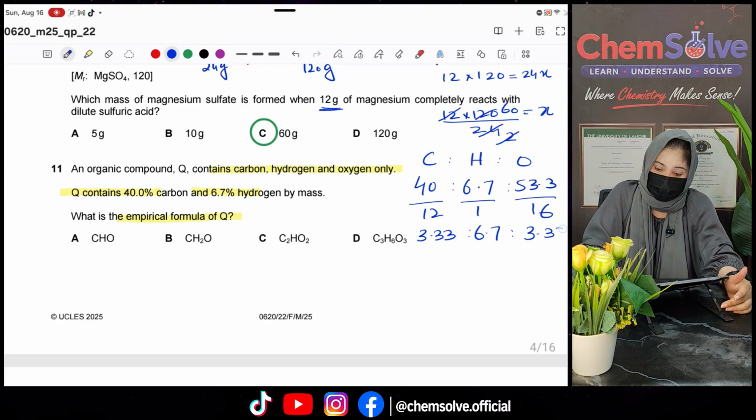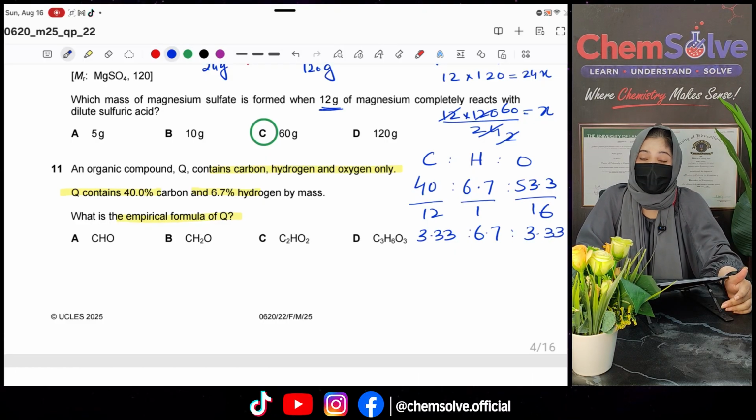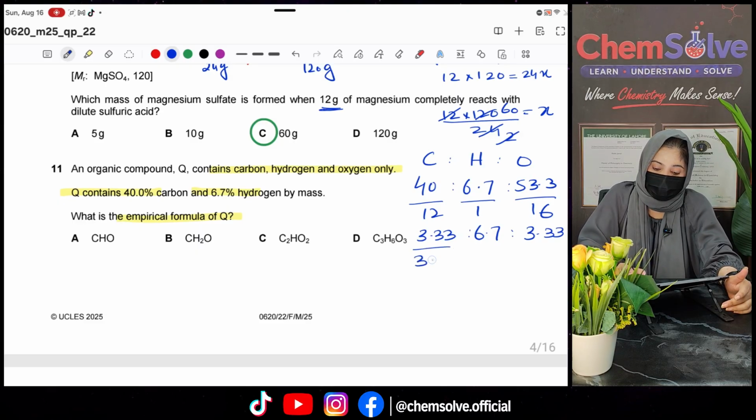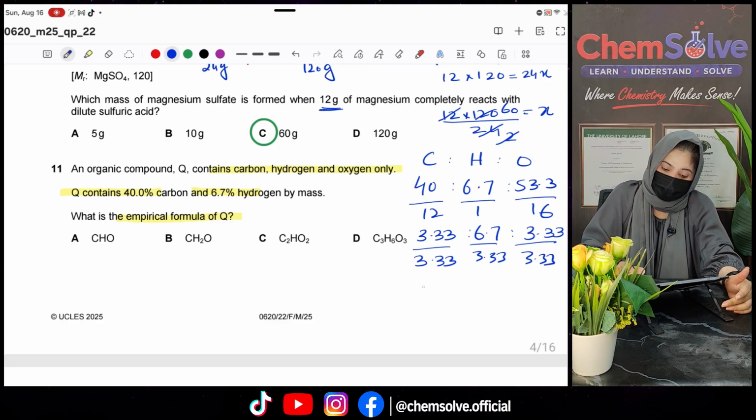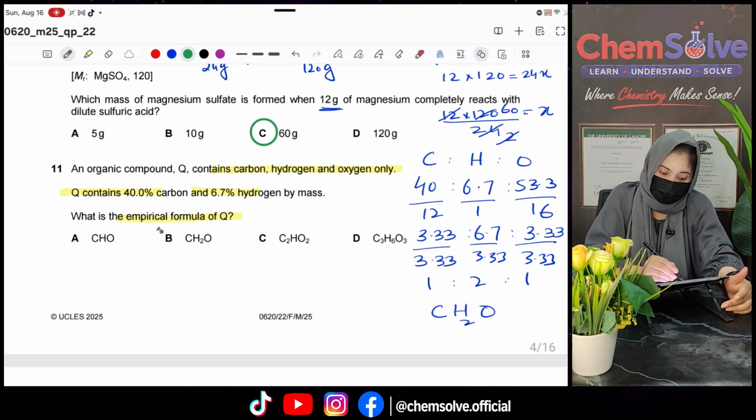This is 3.33 as well. What to do next? We will select the smallest one, and we will divide it on all. So 3.33 is the smallest one. So we will divide it on all. This is 1, this is 2, and this is 1. So CH2O. That's why the correct option is B.